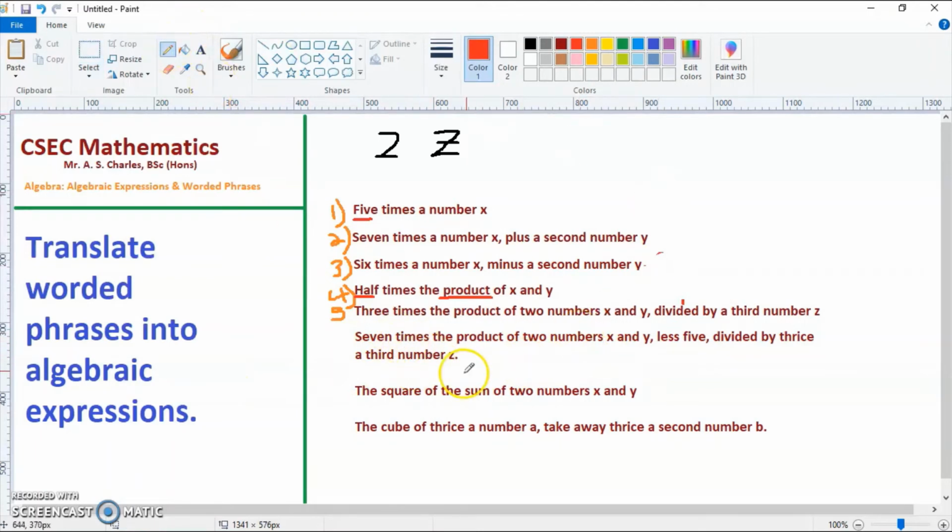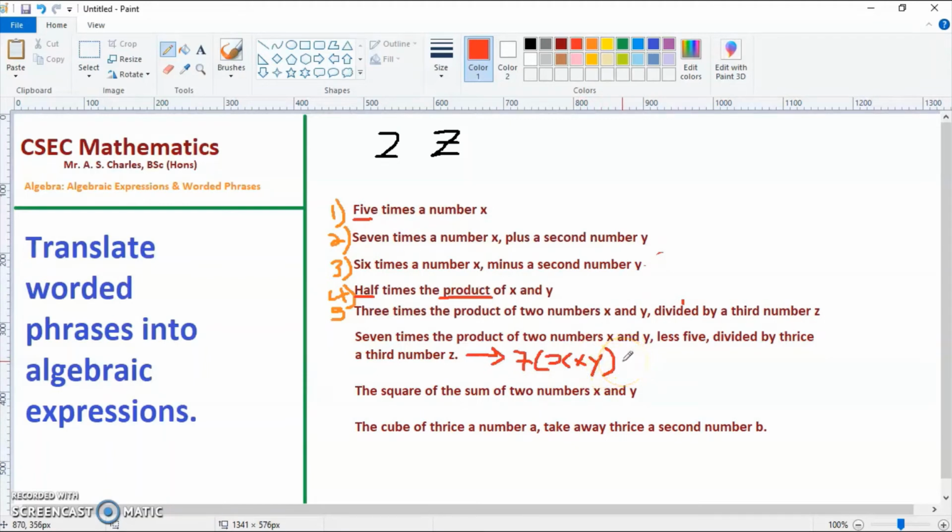So we have 7, times the product of two numbers. We'll introduce a bracket. Bracket means to multiply. The product of two numbers x and y is x multiplied by y.